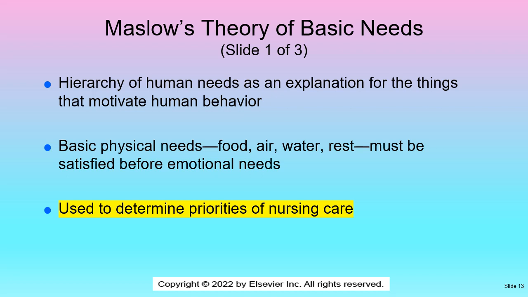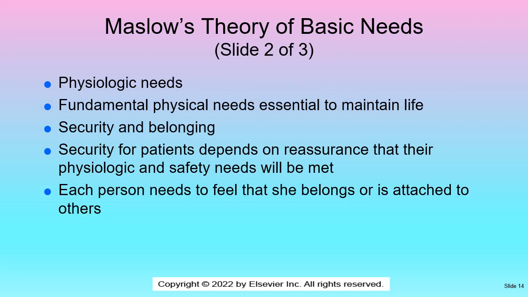It takes into account the social needs of the person and the individual in acute illness. The ones that are most often compromised are the physiologic during the acute phase. In the chronic illness, all of them may be affected. So higher up the pyramid, you may have more effects.